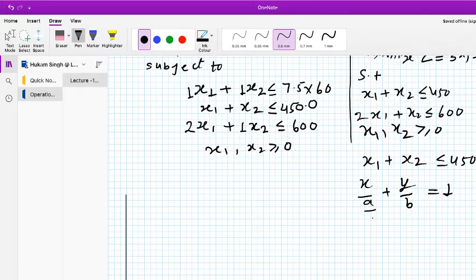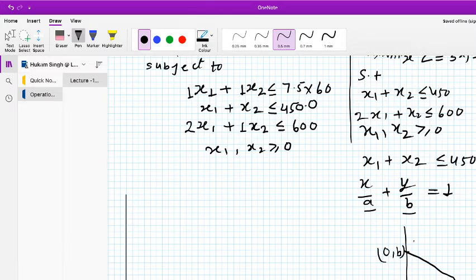What is a? a is the length of the intercept on the x-axis and b is the length of the intercept on the y-axis. So if you want to plot this line, you have to find the point (a, 0) on the x-axis and the point (0, b) on the y-axis, and join these two points with a line.